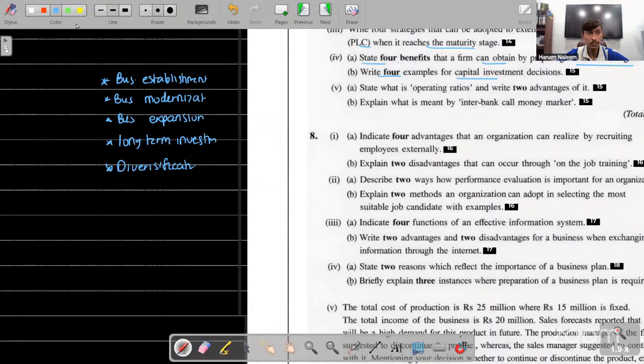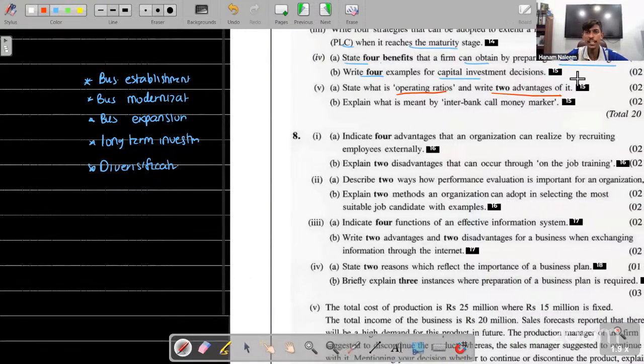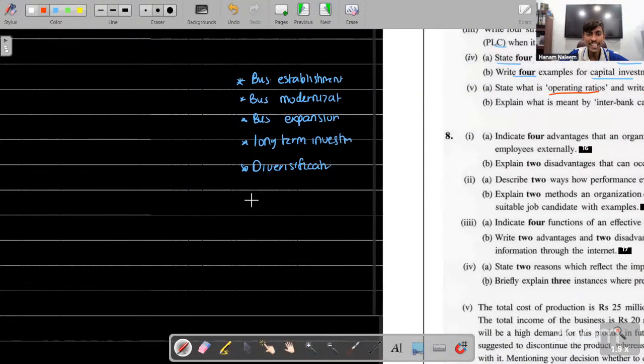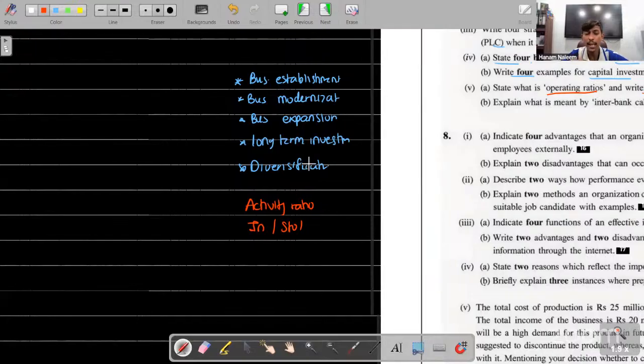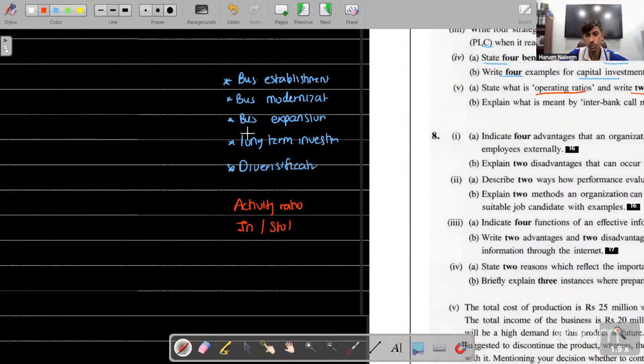Okay. Then state what operating ratios are and write two advantages of them. Operating ratios, simply we say activity ratios, where you calculate inventory turnover, stocks turnover, those ones. So what is an operating ratio? Whenever they ask you for a definition of ratios, you write the word relationship.